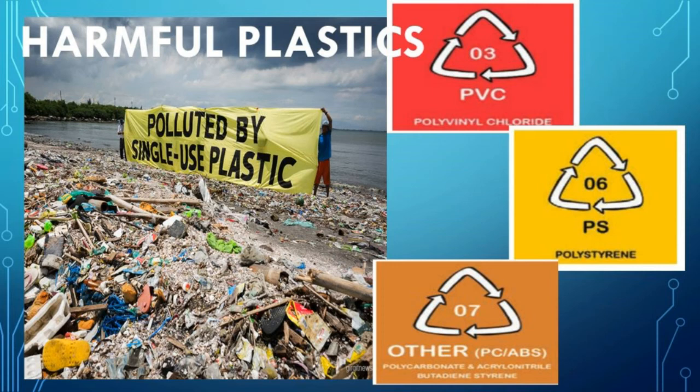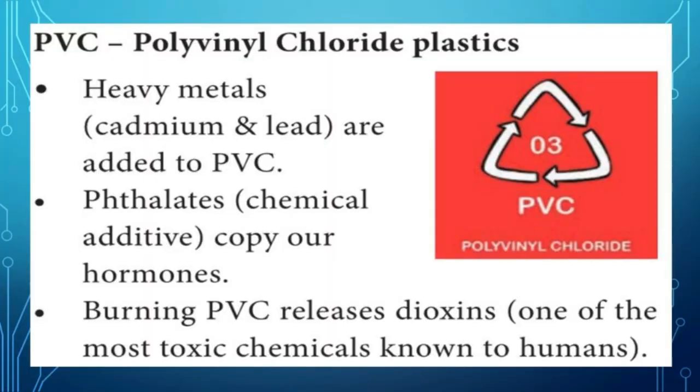The three unsafe plastics are PVC, resin code #3; PS, resin code #6, also commonly called thermocol; and PC/ABS, resin code #7. PVC, polyvinyl chloride plastics. Heavy metals, cadmium and lead, are added to PVC.